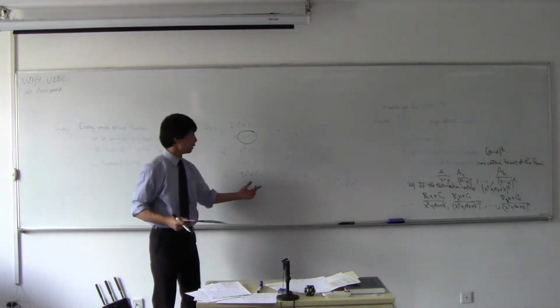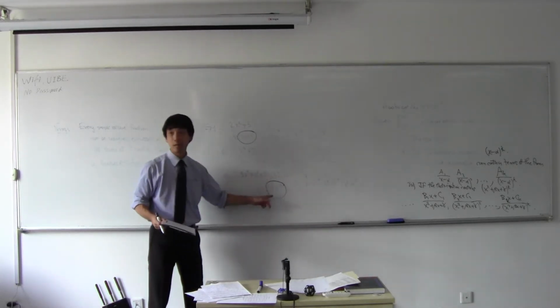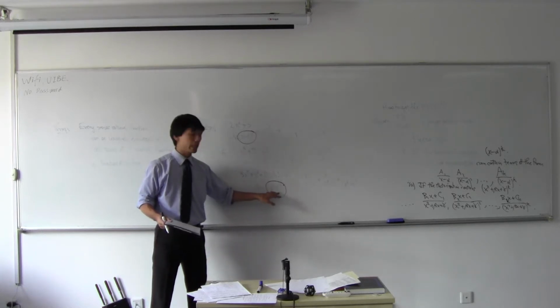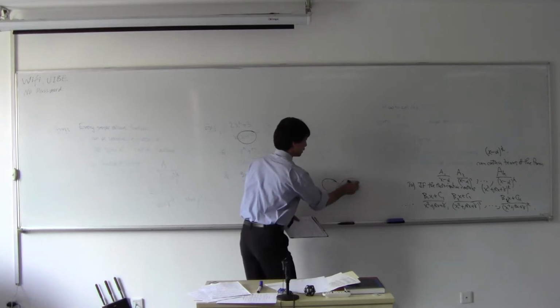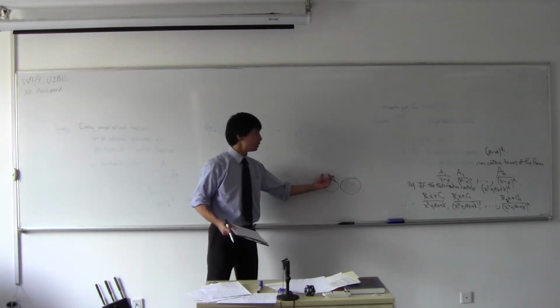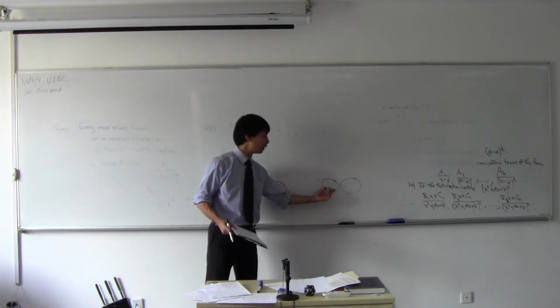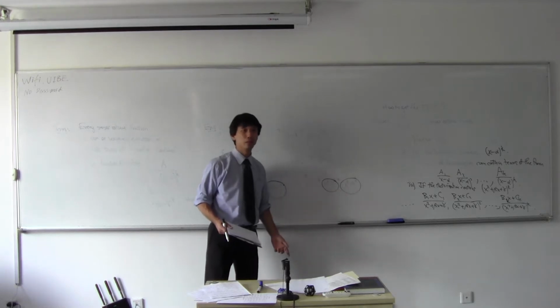Okay, so right, here's the example. This guy in its denominator has a quadratic squared, and so you have a linear term over the quadratic, and a linear term over the quadratic squared.